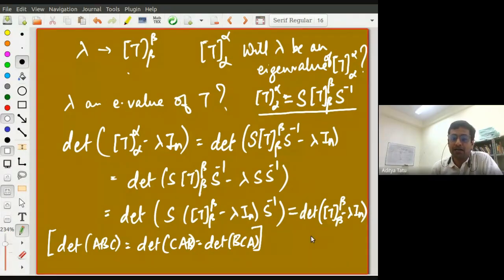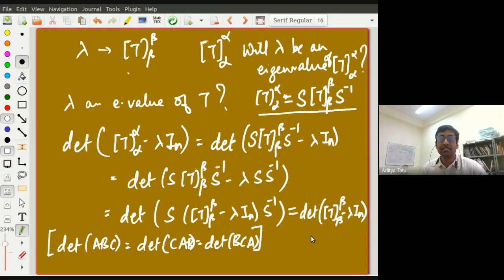So if lambda is an eigenvalue that you have computed through a particular matrix representation, it does not really matter what basis you have chosen. That is a crucial property, right? Otherwise, why would we call it an eigenvalue of the linear operator? This is crucial information required to make this a sound derivation and concept.